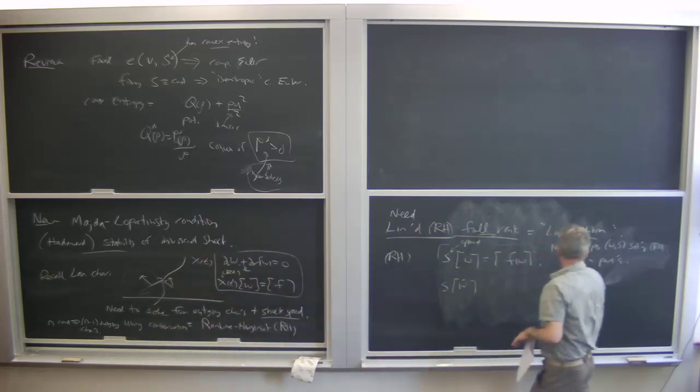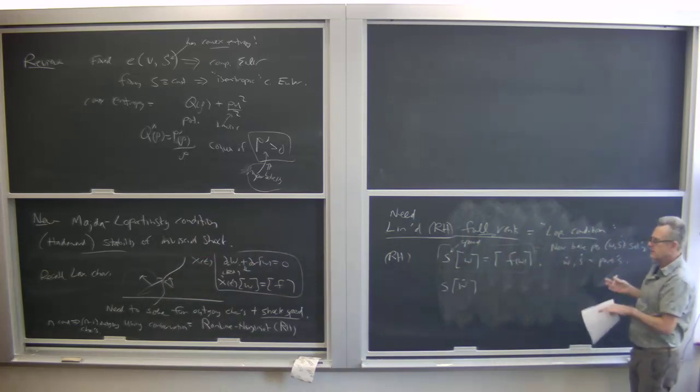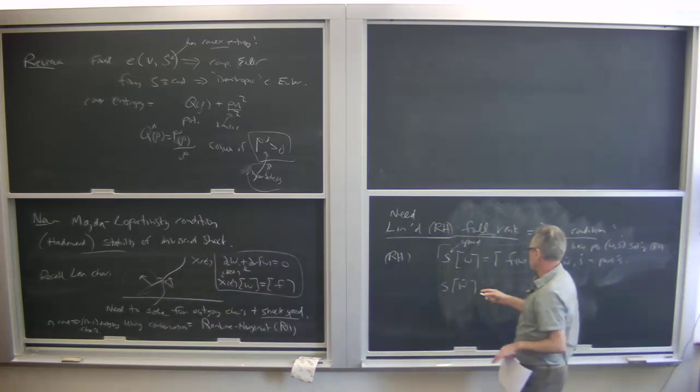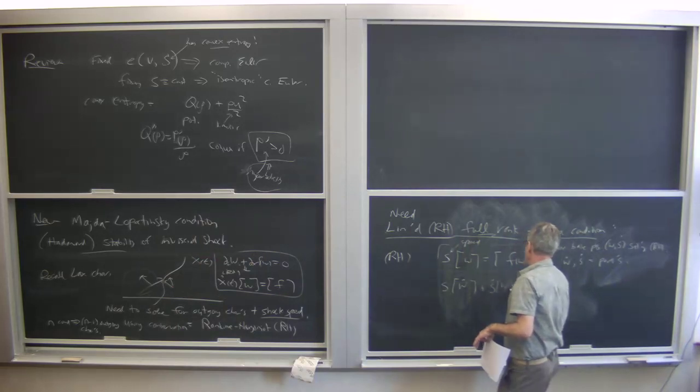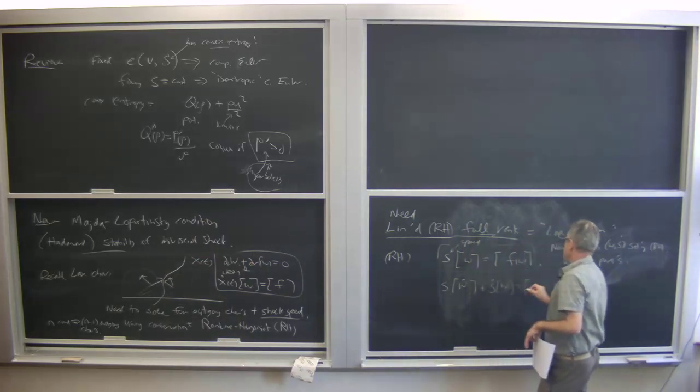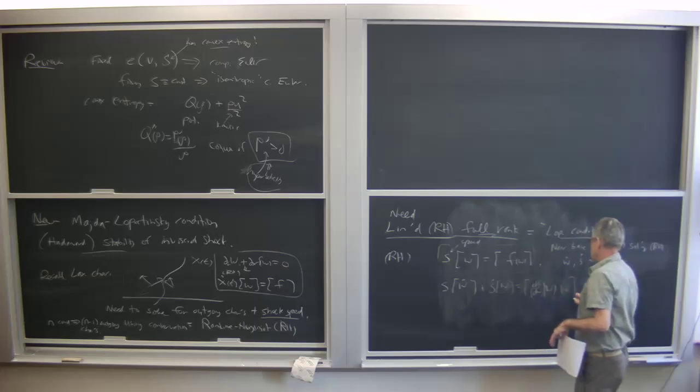So I'm going to introduce, I like this notation, dots for the perturbation variables. And so this becomes S dot plus S W dot plus S dot W, jump in W, equals dF over dW at W, W dot.